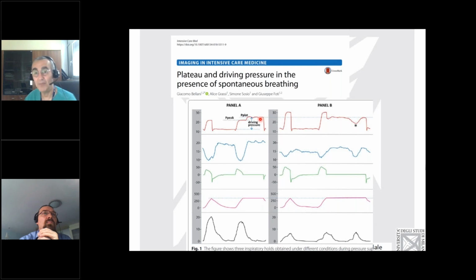Many COVID patients, when I switched them too early to spontaneous breathing, but they were still inflamed, started breathing stronger and stronger, and they were building up driving pressure, and the situation got worse. So in this case, if you cannot control driving pressure, I suggest you go back to controlled mechanical ventilation for some more days.